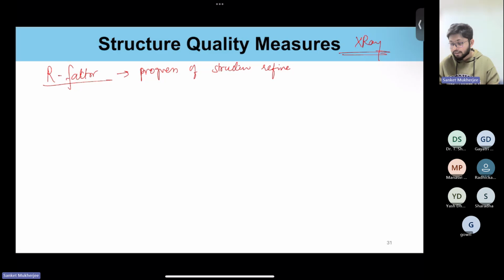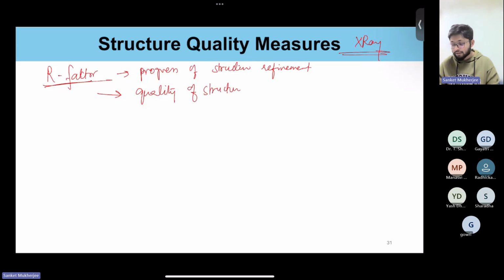When your computer program makes the structure, it happens in different iterations, like a loop which goes on. At each step, you get an R factor. With more steps, the R factor will improve. The final R factor will give you information about the quality of the structure.